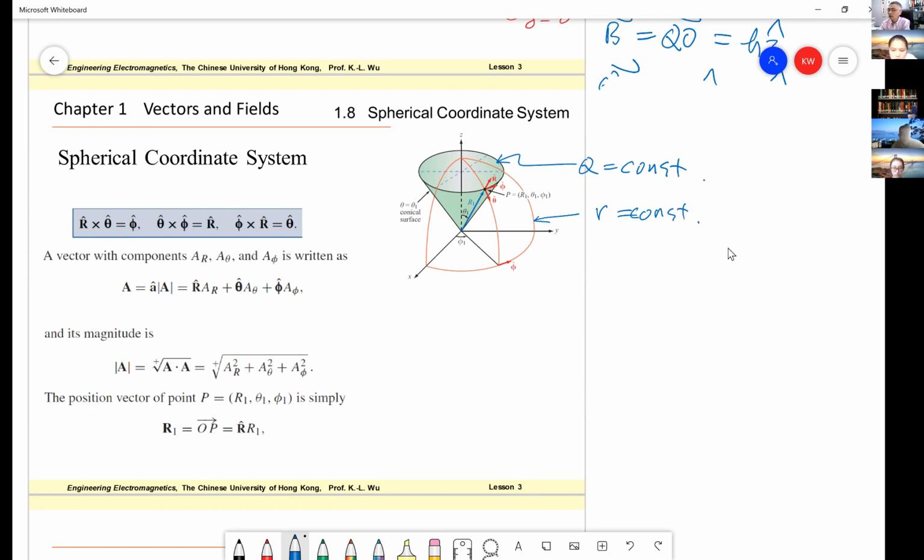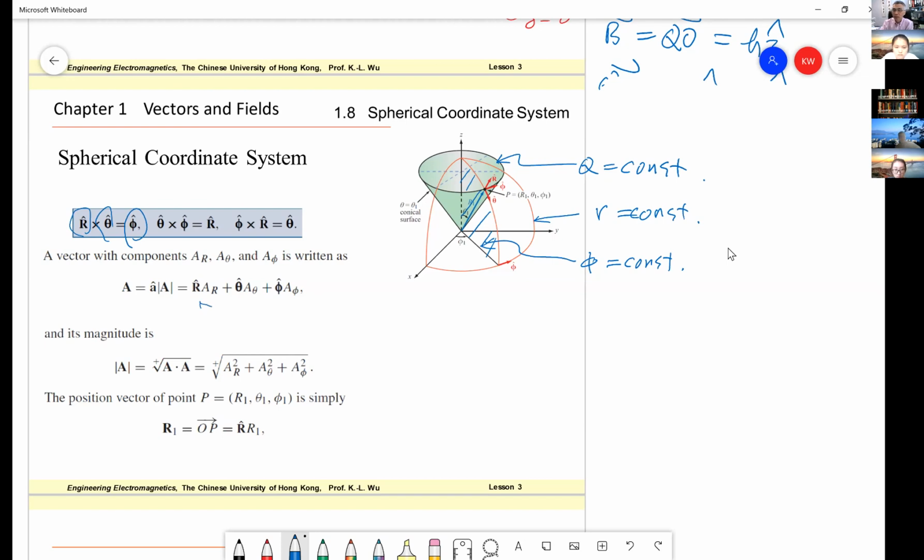Then again, we have a cutting plane. This cutting plane is phi equal to constant. So we define, by the right-hand rule, the orthogonal unit vectors r, theta, and phi, right?